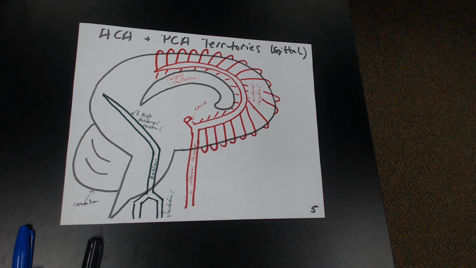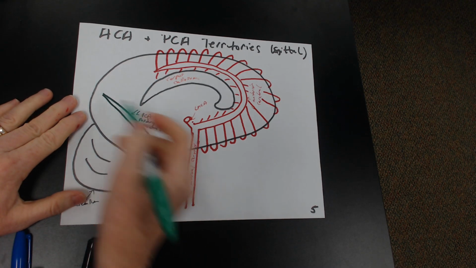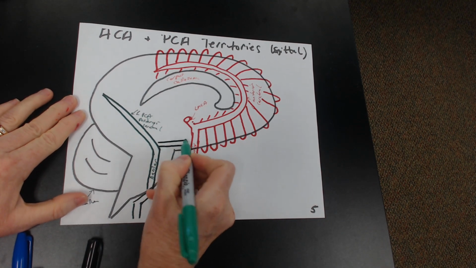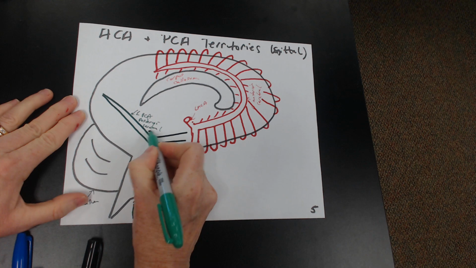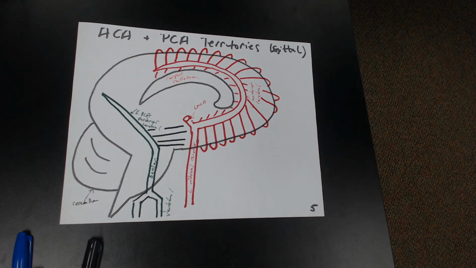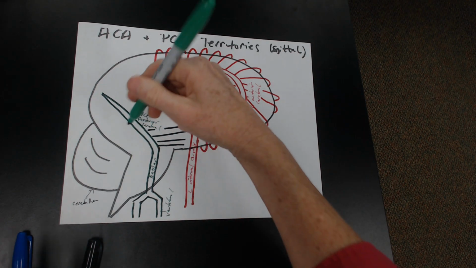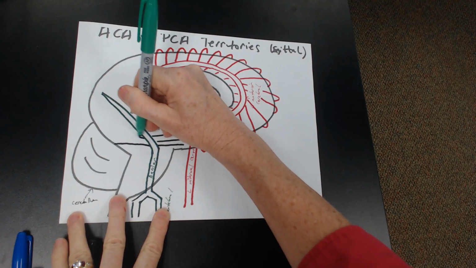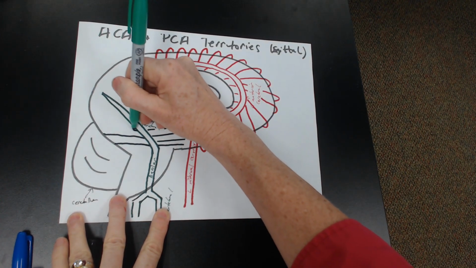Now looking at PCA territory. The basilar comes up and gives off this left PCA branch, and then PCA territory is going to be a little bit down here. But then the PCA is going to supply all of the back, all of the occipital lobe, with blood. And there's no flipping going over here.